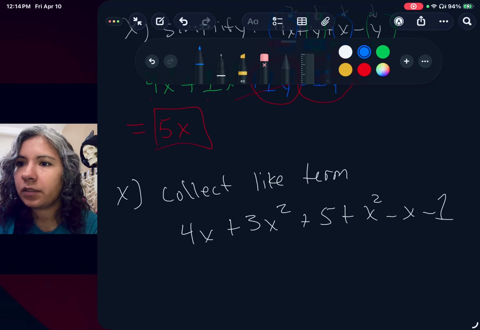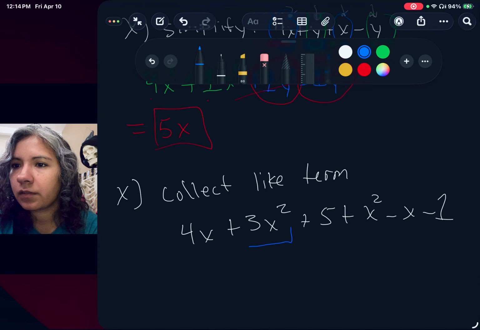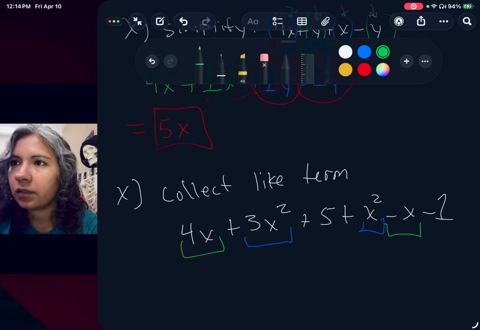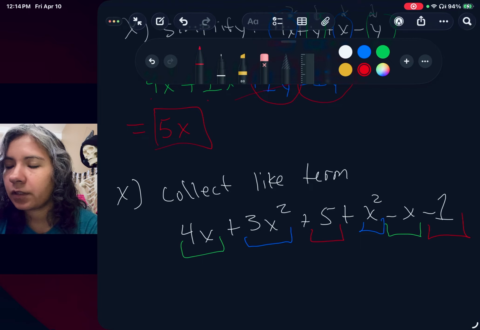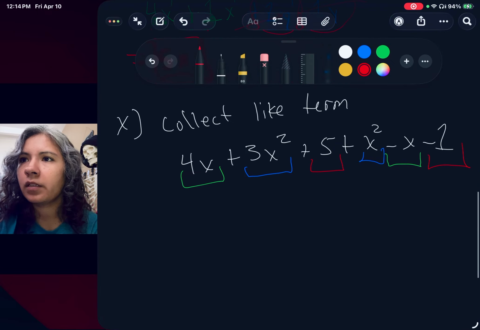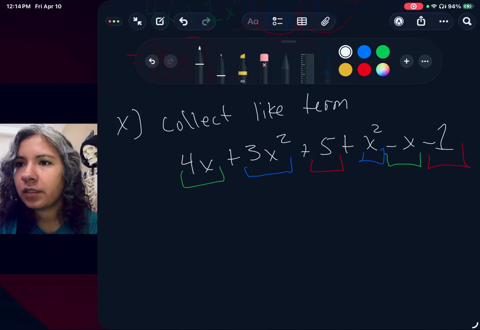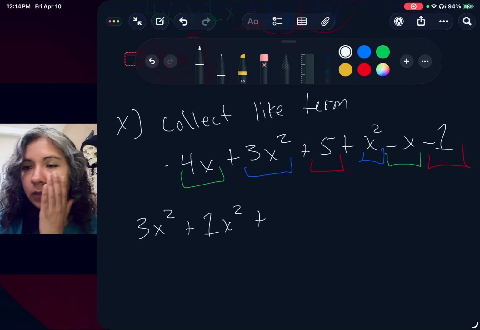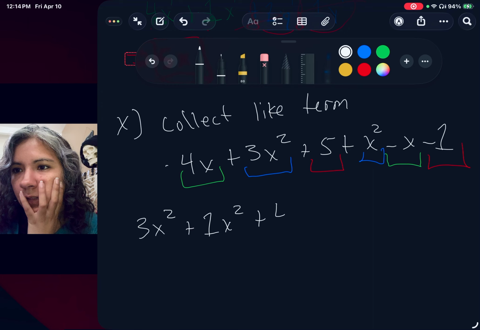Okay, so I'm going to do the x squareds, right? Then we can do the x's, and then we can do the constants. So these don't have variables. I'm going to rewrite this as 3x squared plus our ninja 1 x squared plus, we don't have a positive here because it's first, plus 4x.